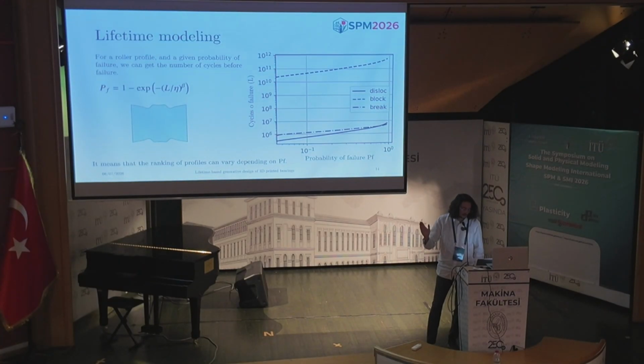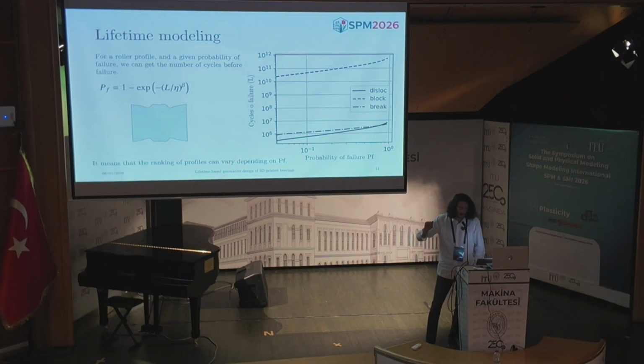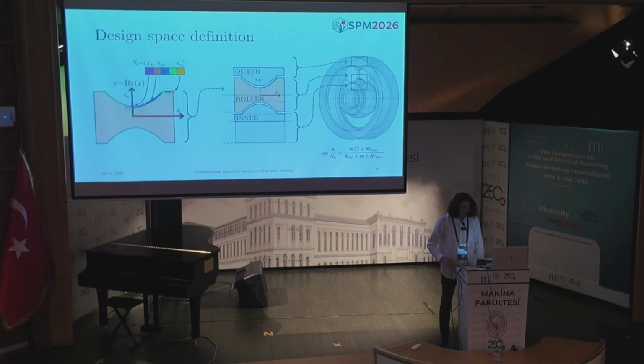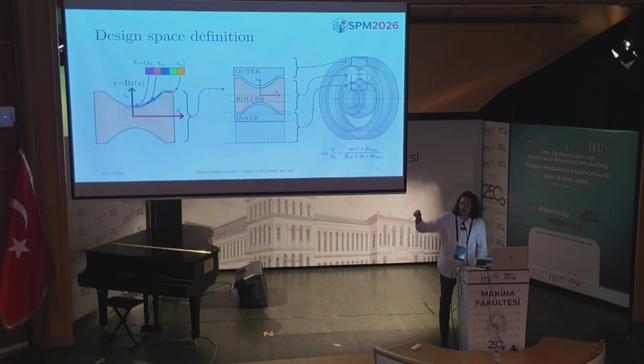So we can see that different probabilities of failure give a different number of cycles before failure, of course, but also can change the type of failure. So it means that the ranking of the profiles can vary depending on the probability of failure that we want. So we will set it at, for example, 50% or 90% and do the optimization given that probability of failure.